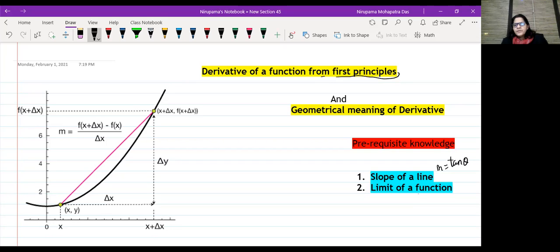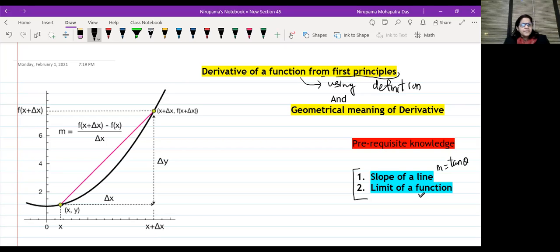We have to be thorough with this, because for derivative of a function from first principle, or by using definition, we specifically need evaluation of limits. I'm sure you have thorough knowledge of these two concepts, so let me start.